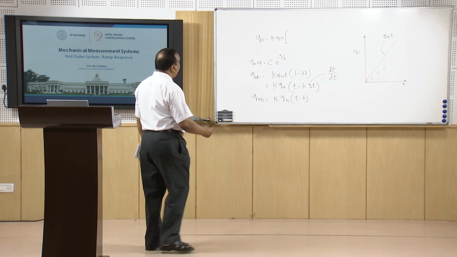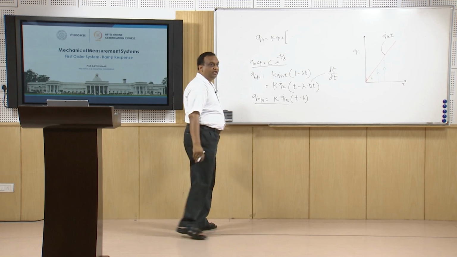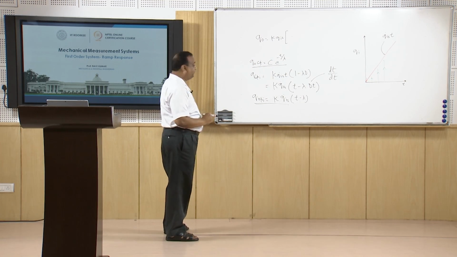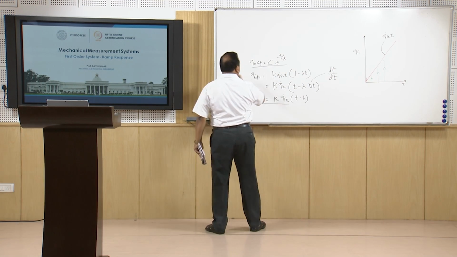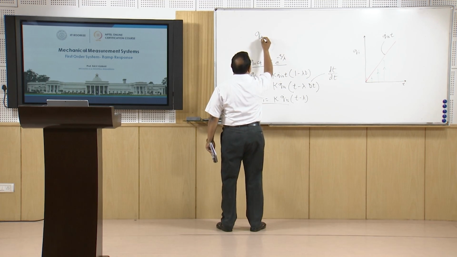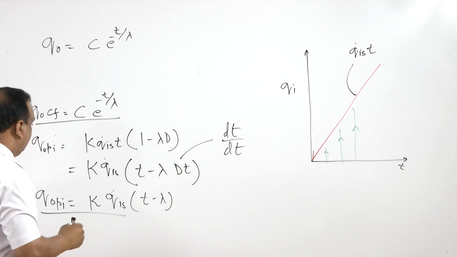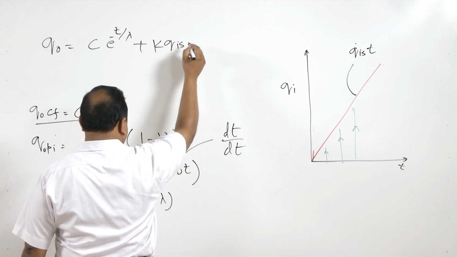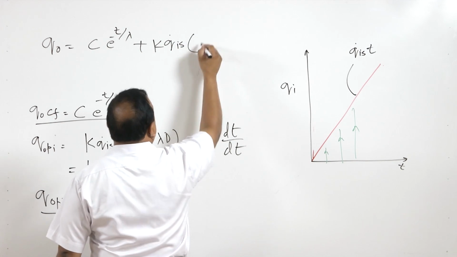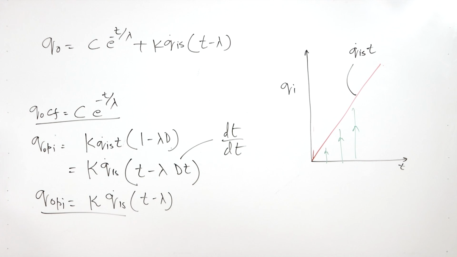So now we will add these two, complementary function and particular integral, and we will get the final expression. The final expression is Qo equal to c e raised to power minus t by lambda plus k Qis dot (t minus lambda). Now here again we will put the initial condition.